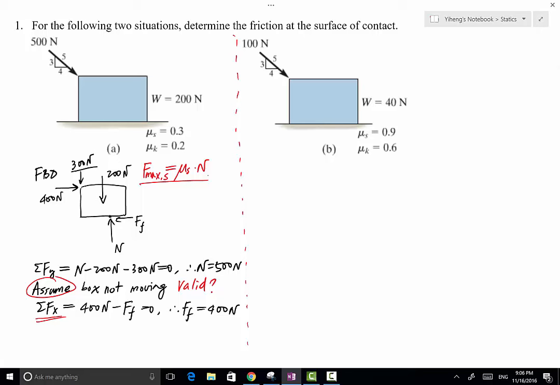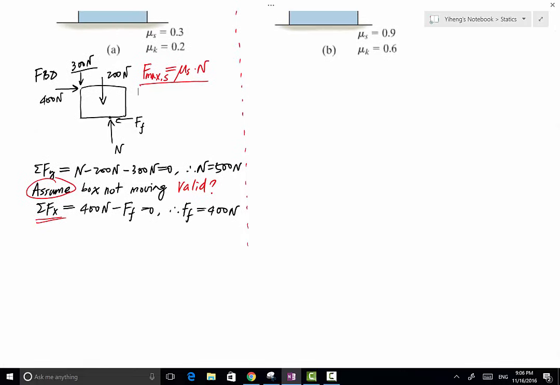It's about to move. Therefore, we can calculate this. The maximum static friction equals mu s N. Mu s equals 0.3, N equals 500, and that equals 150 Newton.